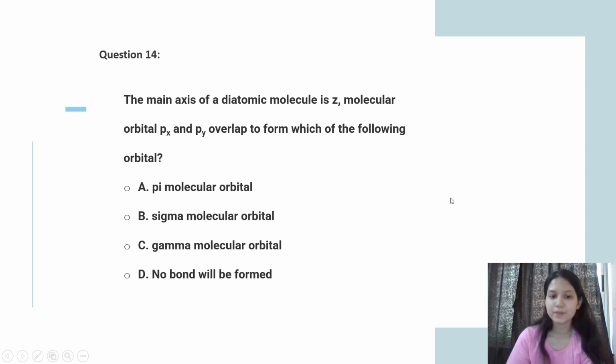Okay, very good. So we all know that to form a sigma bonding molecular orbital, we will have direct interaction or overlap.